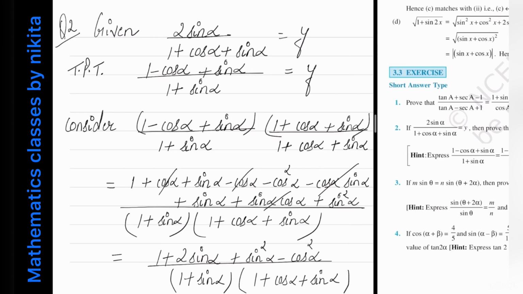Fine. Now what is this sin square alpha minus cos square alpha? Let us try to express this as something.